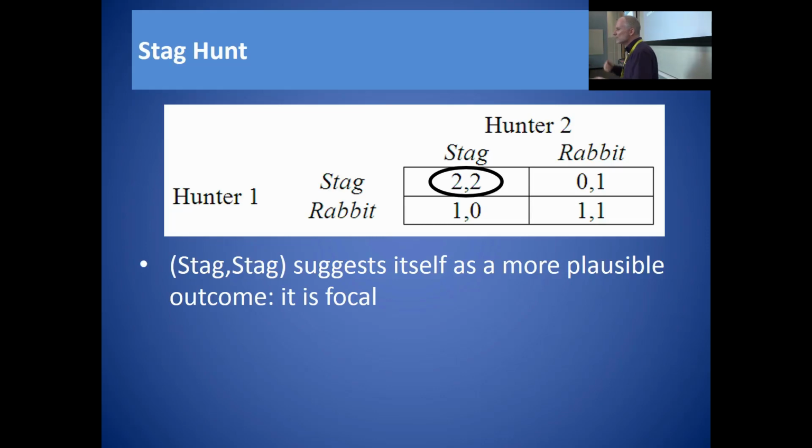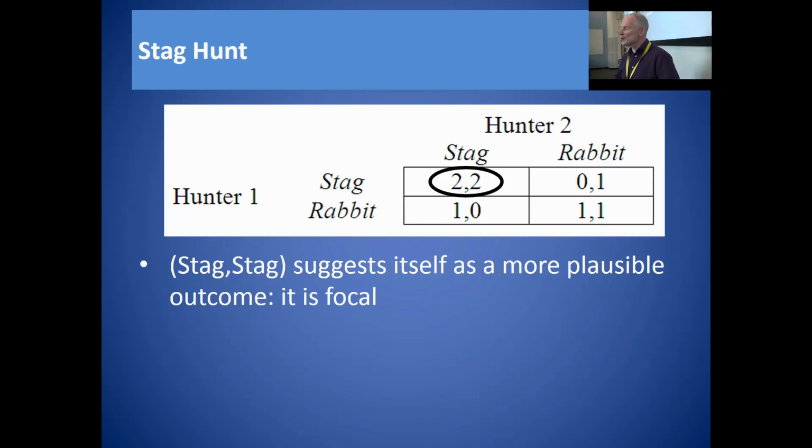There are 2 possible Nash equilibria, but that one where they're both better off suggests itself as more likely, as more plausible. And when that happens in game theory, we describe it as a focal point. Of all of the outcomes within this game that we could gravitate towards, which one do we actually gravitate towards?